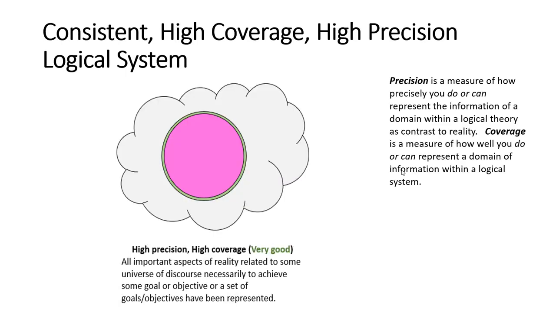If you look at this graphic, the gray area on the outside is some universe of discourse. Say this is financial reporting. And the green circle, which you can barely see, is the aspects of reality within the domain of financial reporting that we're concerned with.